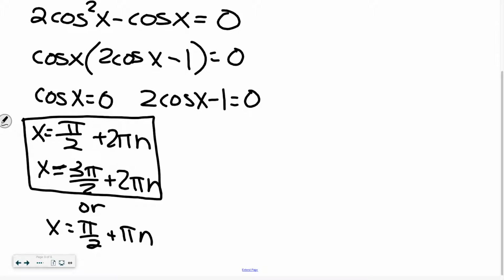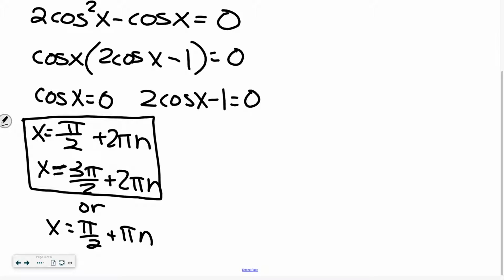Because if I add 1 pi, then I'll be at 3 pi halves, then I'll be at 5 pi halves, then I'll be at 7 pi halves, and I would just go through. I'll accept either answer. So some people will see that real clearly right away, and some of us would just write down this full answer, and that's fine. So if your answer seems to have more than what the back of the book has, you might think about if they tried to condense it.